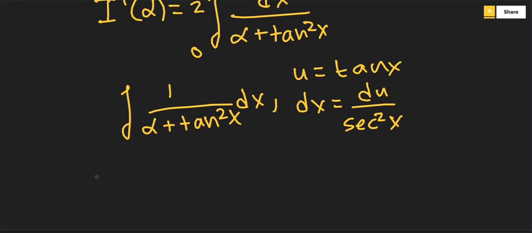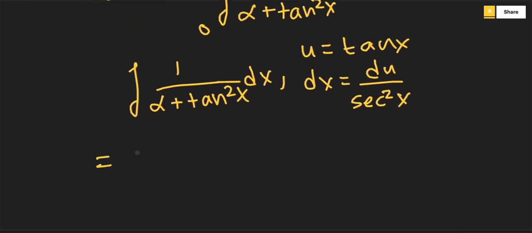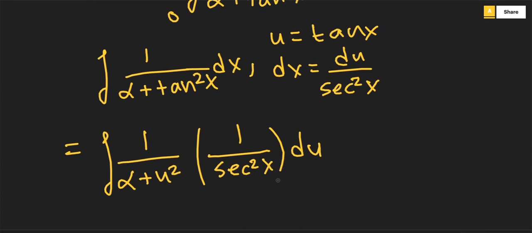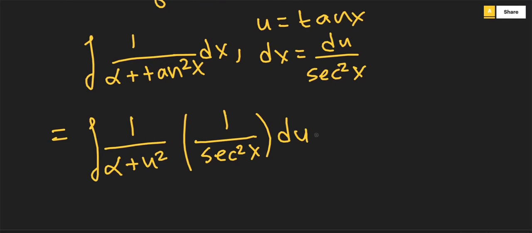So what that means is that this integral is equal to the integral of 1 by alpha plus u square, and then here we have 1 by sec square x du. And what's interesting about this is that sec square x is actually equal to 1 plus tan square x.